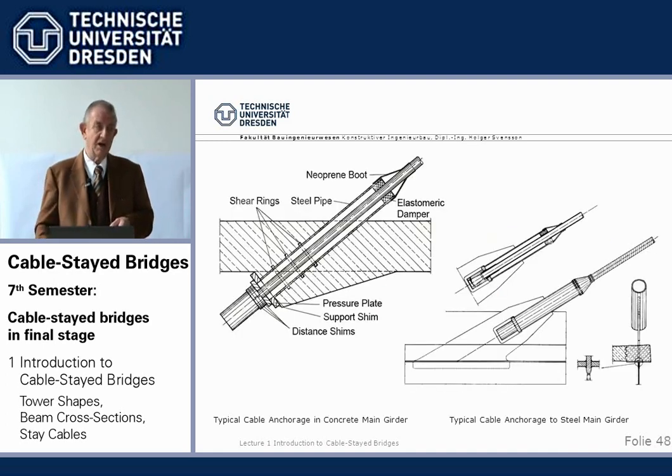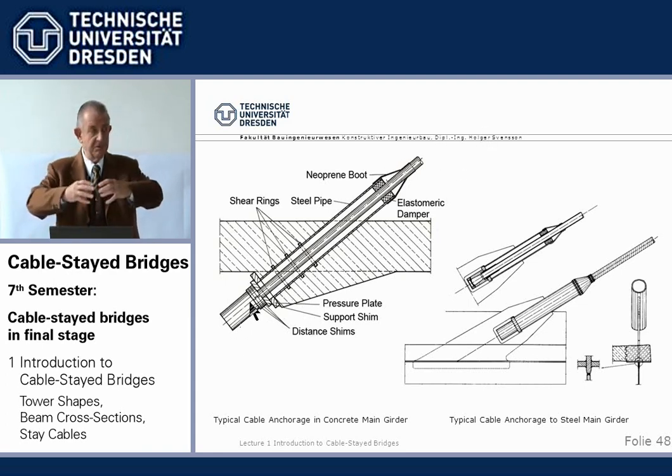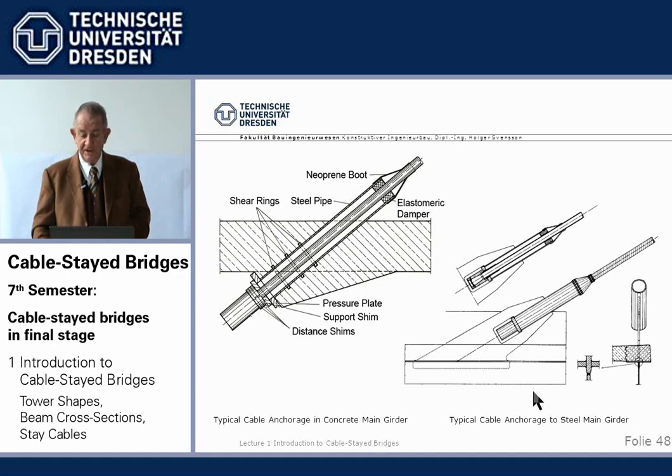And how are we anchoring the stay cables? Well, to the concrete beam we very often cast in a steel pipe, thread the cable through, and use some shims to prevent them from going through here. Or in steel, we can extend the web of the main girder by some piece of steel, weld the steel pipe in, and have the same type of anchorage.